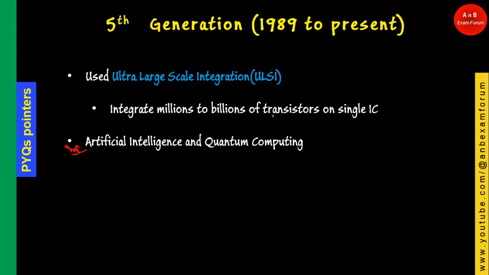And you can also see, today everybody is talking about artificial intelligence, which is possible due to the miniaturization of all those technologies like ULSI. Okay, ultra large scale integration where you have billions of transistors on a single chip.